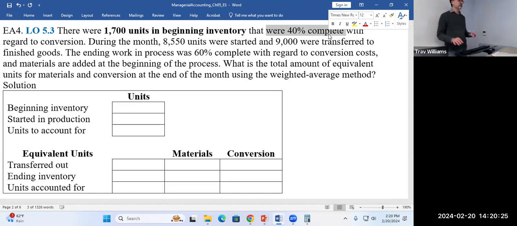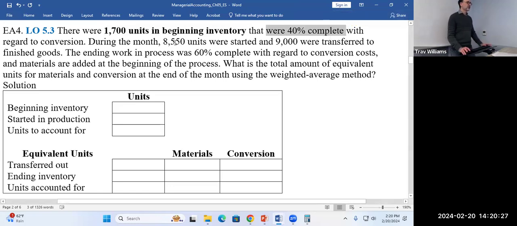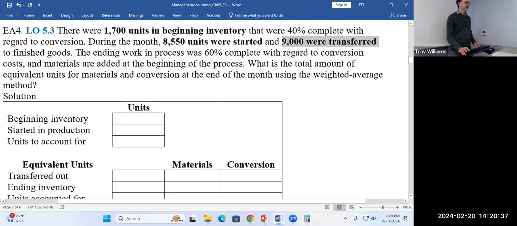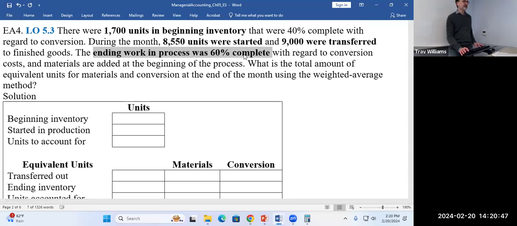Just ignore that percentage. During the month, 8,550 units were started. 9,000 were transferred out. The ending work in process was 60% complete. That's the part that we care about when we figure out equivalent units of conversion, the ending work in process.